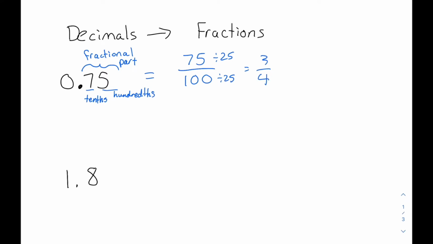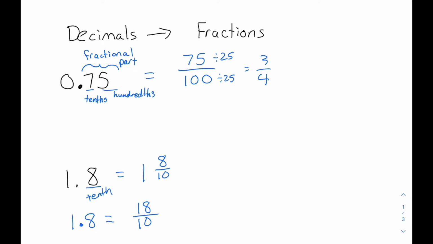For 1 and 8/10, if we wanted to have a mixed number, we have 1, and that's where we switch to the fractional part of our number. So we'll have 8 as the numerator, and these are the tenths, so we'll have 8/10. Now, if I wanted to write this as an improper fraction, I could just ignore the decimal, write 18, and then fill in the tenths right there.